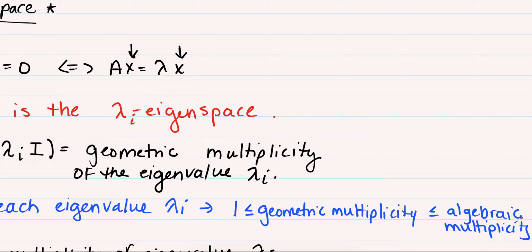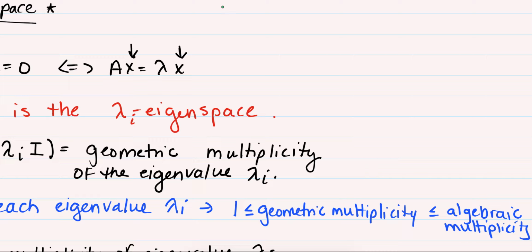So what are we saying? We're saying that the dimension of the eigenspace for some lambda I is always going to be less than or equal to the algebraic multiplicity. So that's the power on your linear factor.